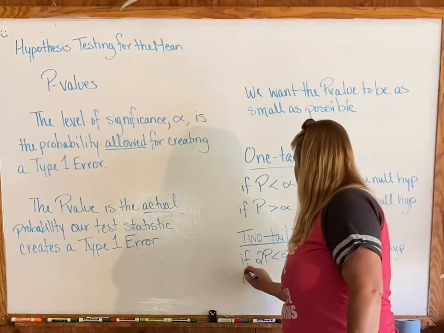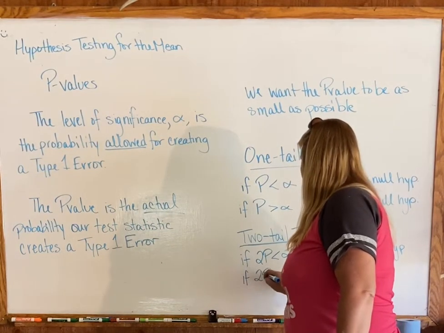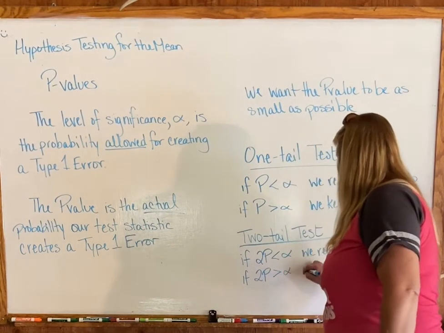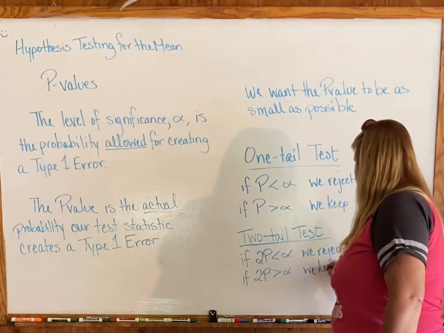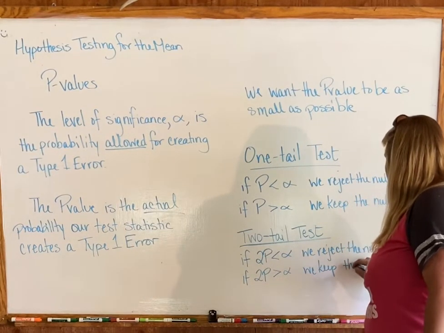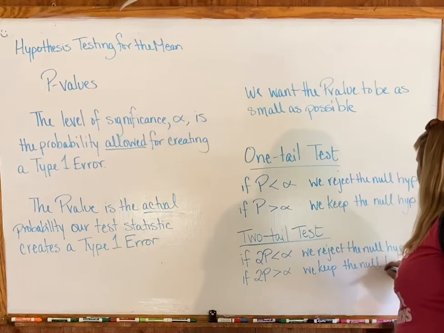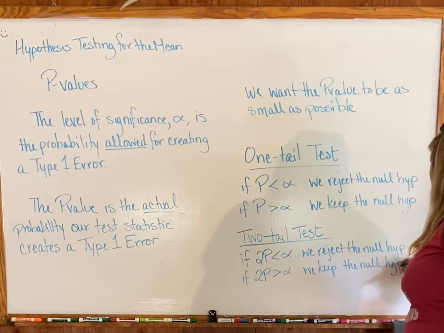But if 2p is greater than alpha, then we keep the null hypothesis.